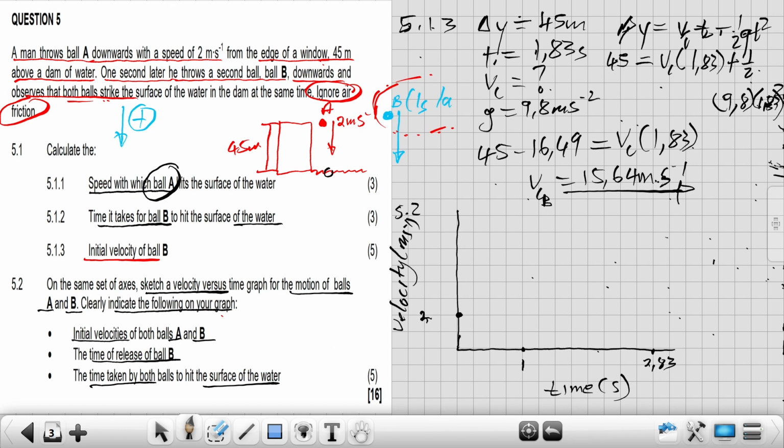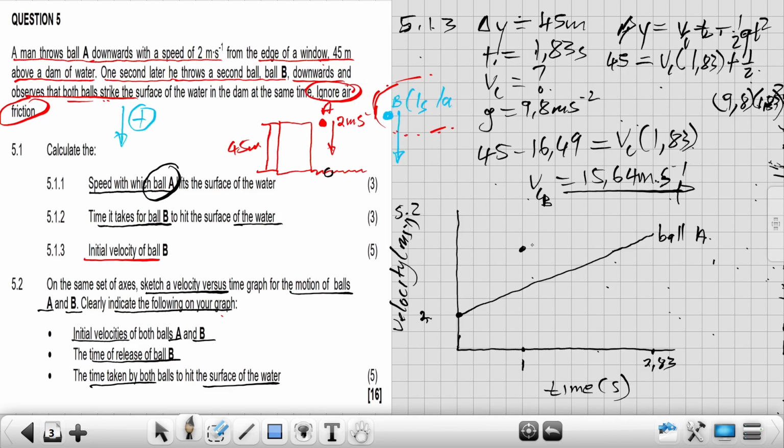So let's start with A. It took this much, and then it did complete at 2.83 seconds. So now I must label that this is for ball A, but I know that ball B was released 1 second later. So it means for B, it is going to start at 1 instead of 0 seconds.